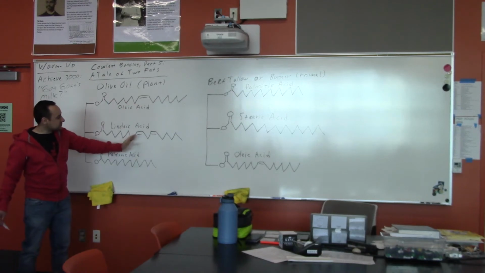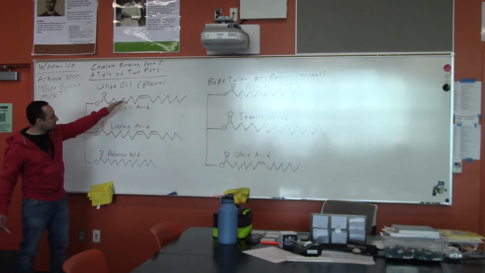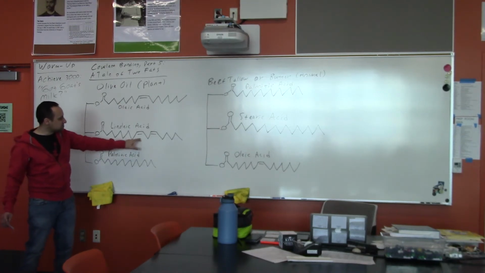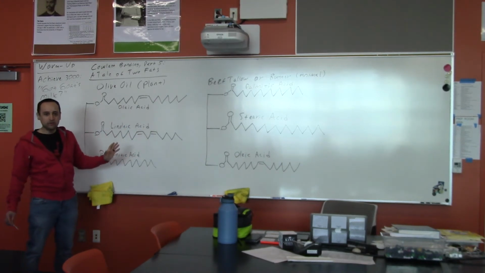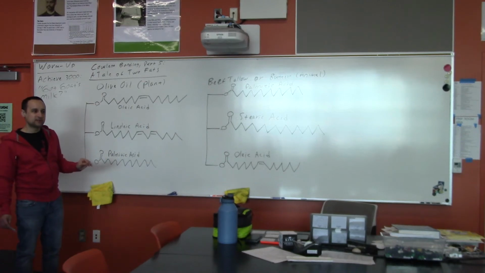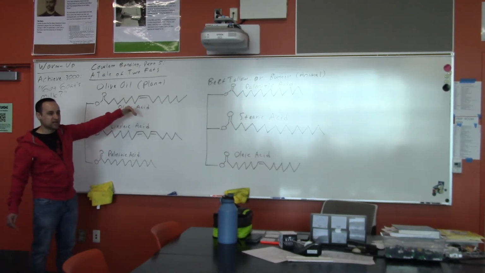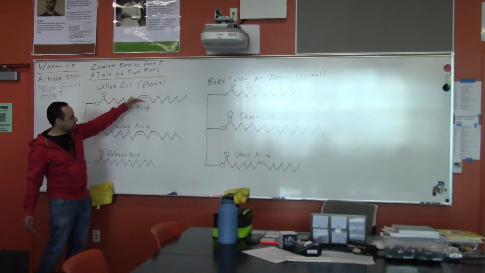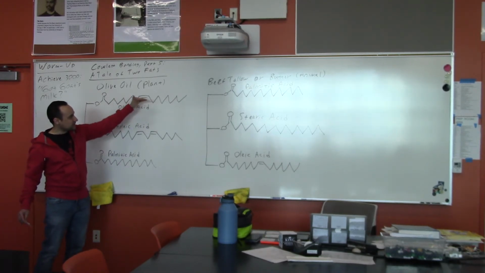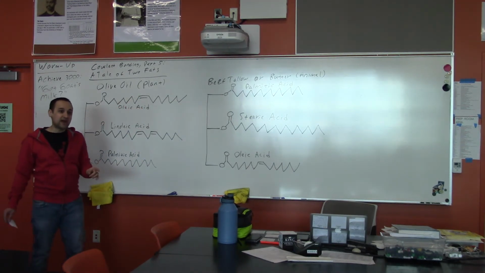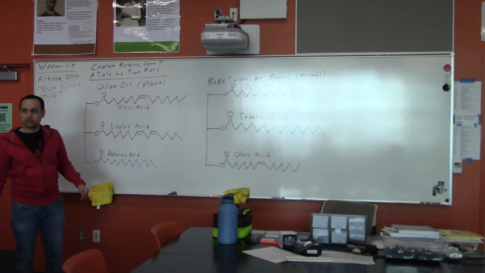So we represent it this way because it gives you a really good sense of the length of each fatty acid, and it lets you see where the double bonds are very well. But what actually happens is these double bonds cause kinks in the chain. They cause deviation from this straight appearance. So they cause bending, right? The whole chain is actually going to bend because of this. And you'll see that when you build these molecules.